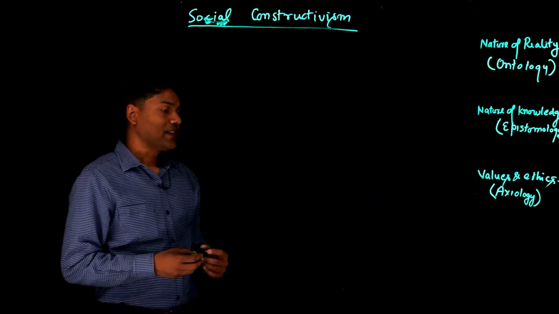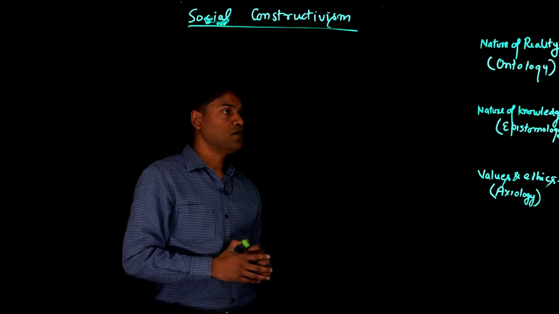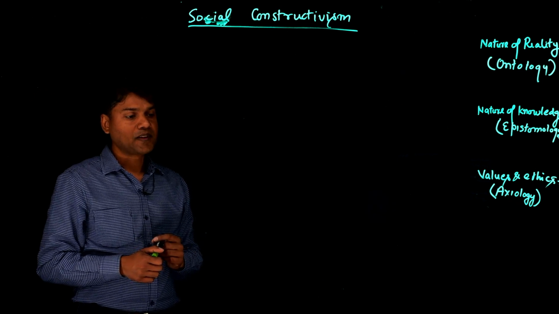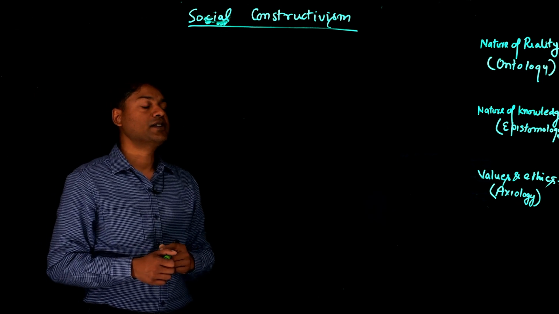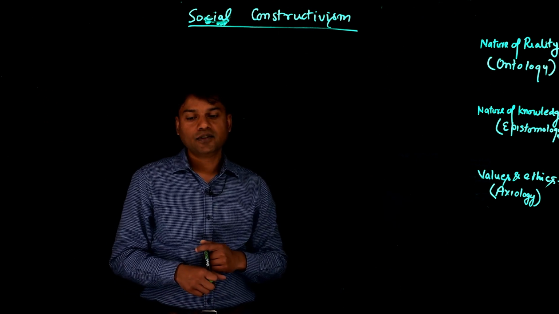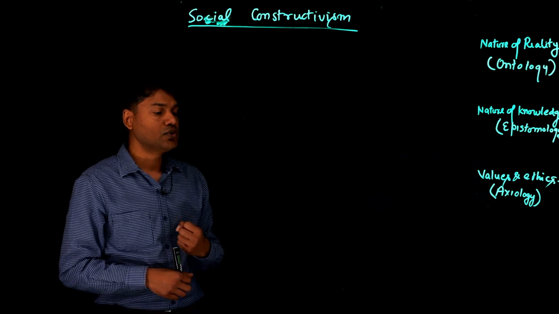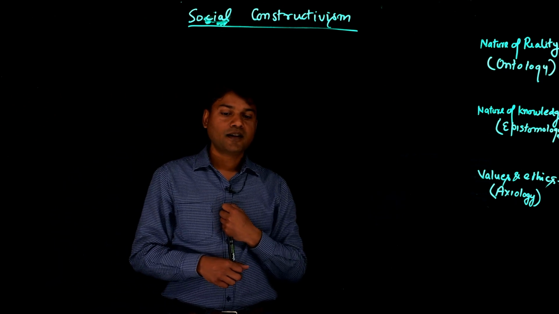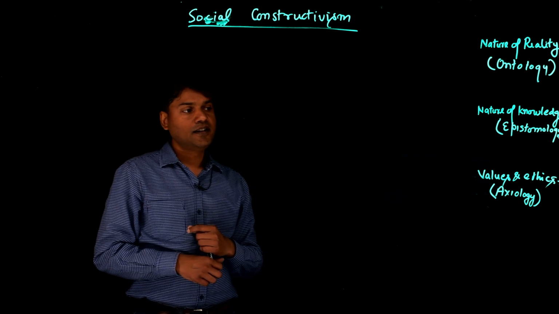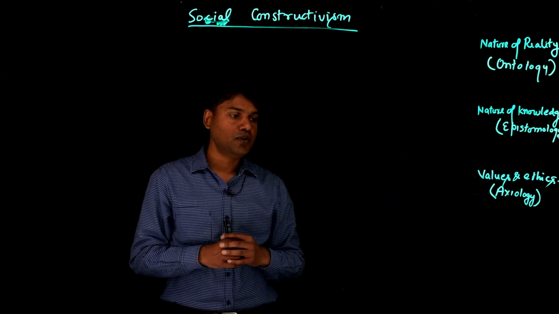So let's think from these key drivers of research paradigms. The nature of reality. In social constructivism, they say that reality is socially constructed. We as humans are social animals and relational animals. So the reality is socially constructed based on our interaction with the people around us.